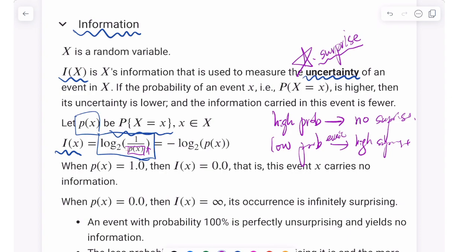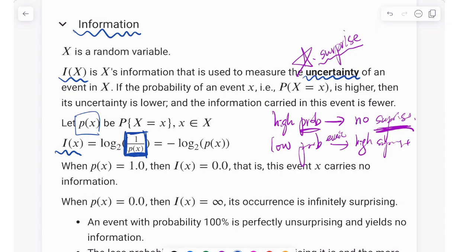So basically the relationship between surprise and probability is like that. When probability is higher, this value is smaller. When probability is smaller, this value is higher. So that is the definition of this equation.